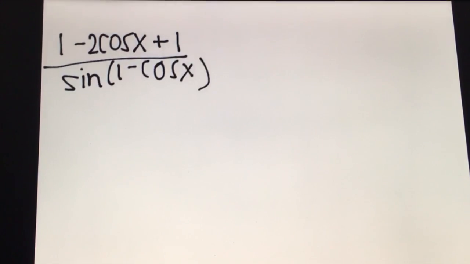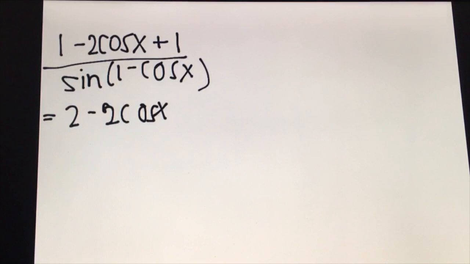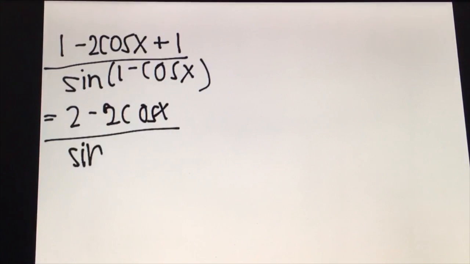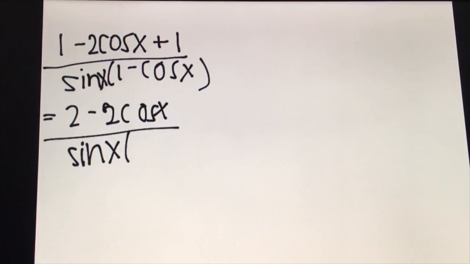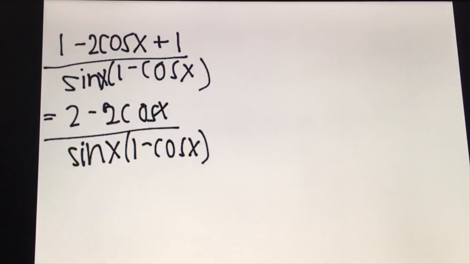So see, that makes it much less complicated. And even more so when we do 2 minus 2 cosine of x divided by sine of x times (1 minus cosine of x).